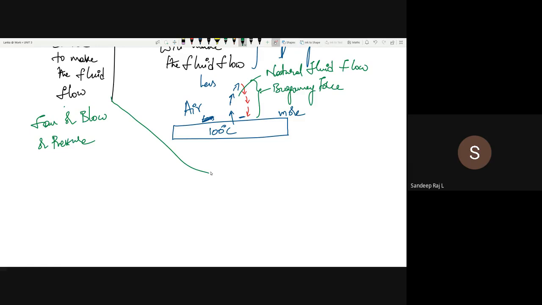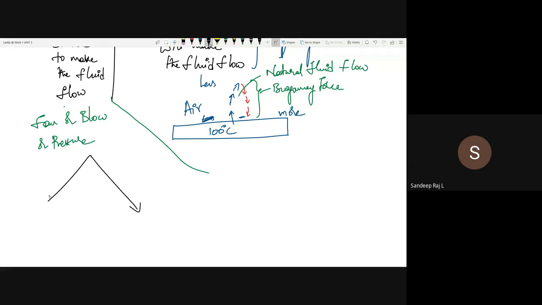You have kept them at so and so height, because of that so much pressure head is created. That's why water is flowing. It is not flowing naturally. There is a pressure created and it is flowing, so it comes under forced convection.